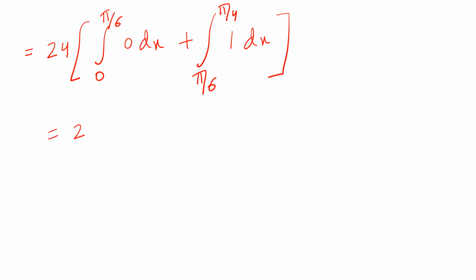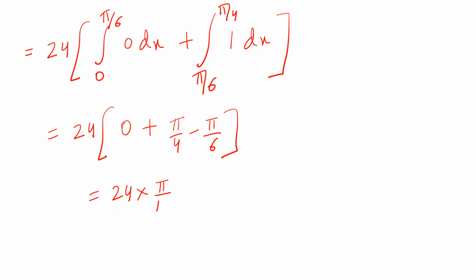Now students, this further becomes equal to 24 times inside the bracket 0 plus the integral of 1 with respect to x is x. So the value of the second part becomes pi by 4 minus pi by 6. And this is further equal to 24 into pi upon 12 or equal to 2 pi.